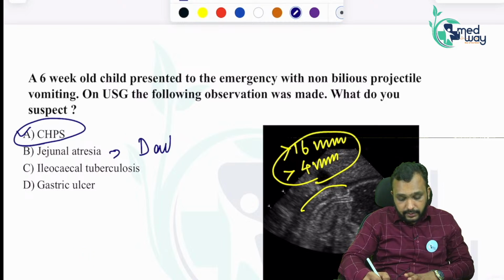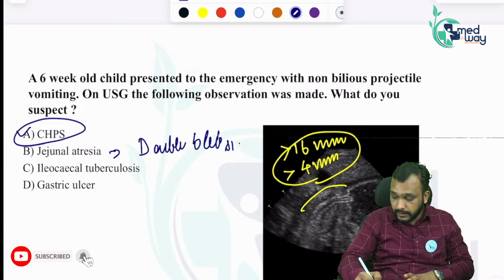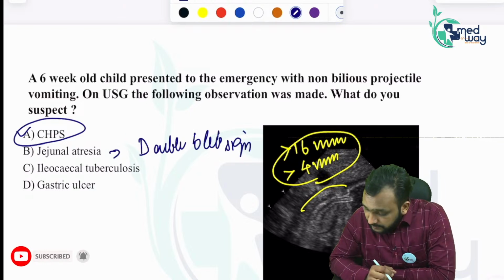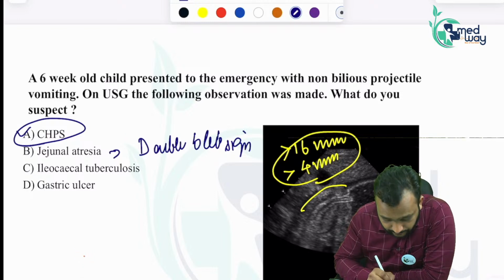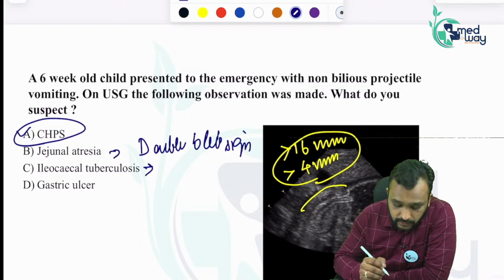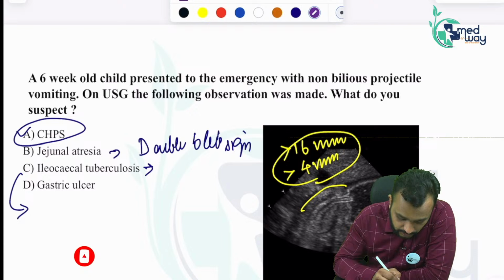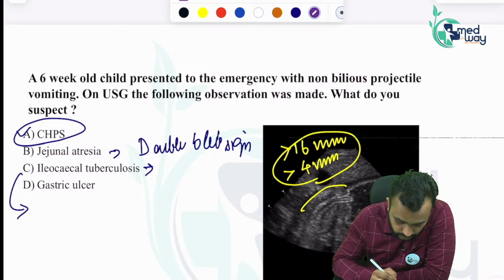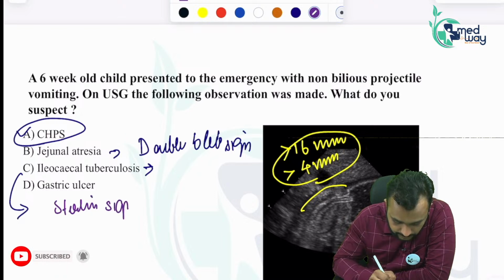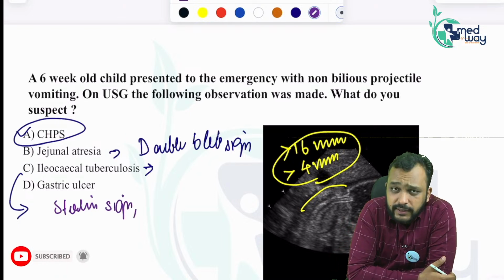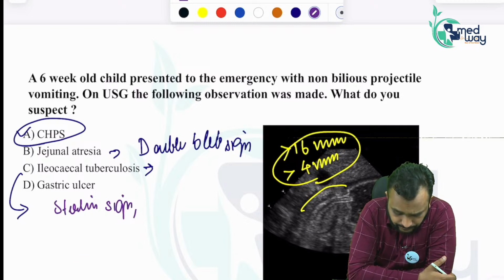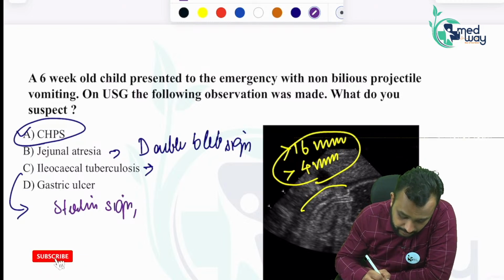In jejunal atresia, you will see the double bleb sign. And in ileocecal tuberculosis, just remember the important signs that you are going to see. This includes the Sterlin sign, in which there is rapid emptying of the involved bowel loop.